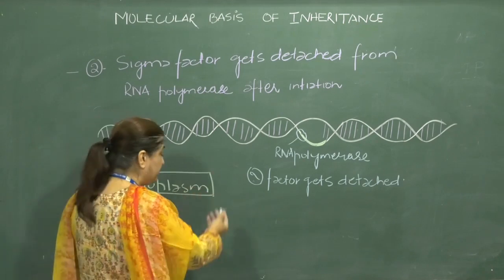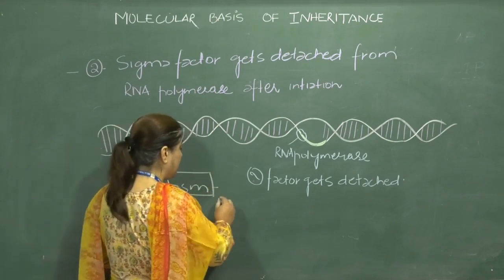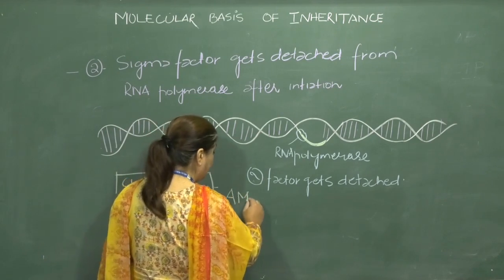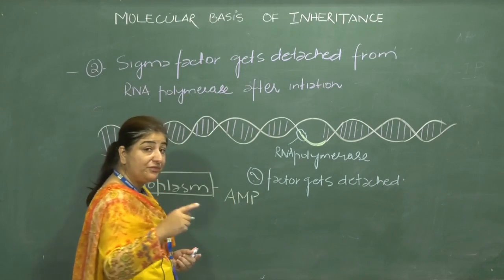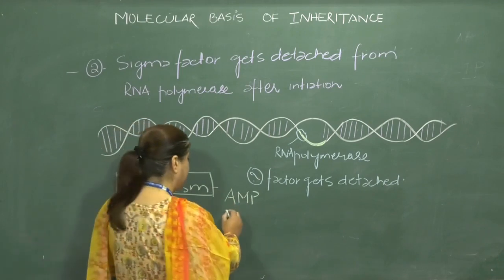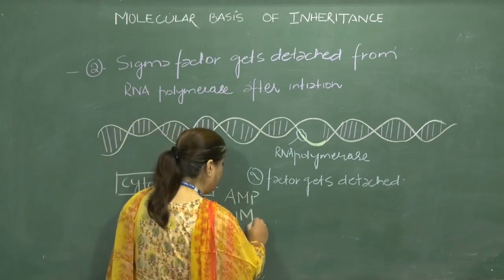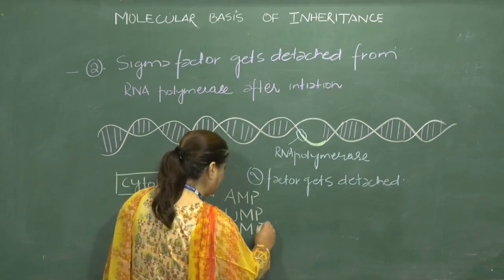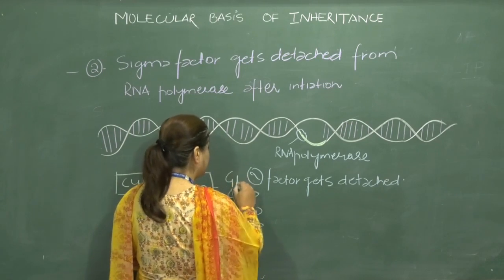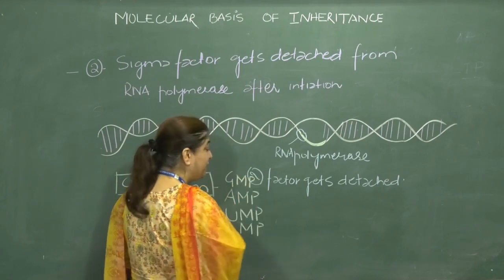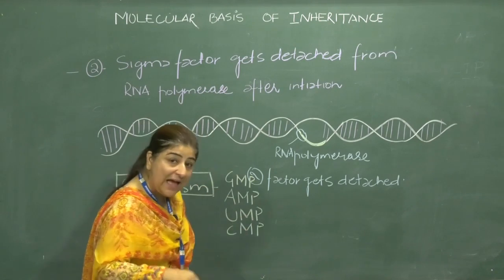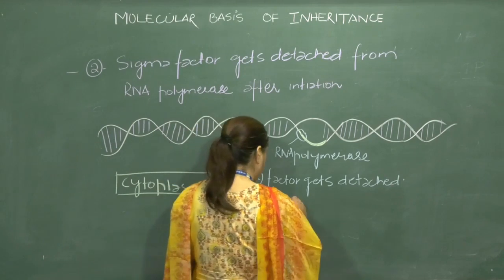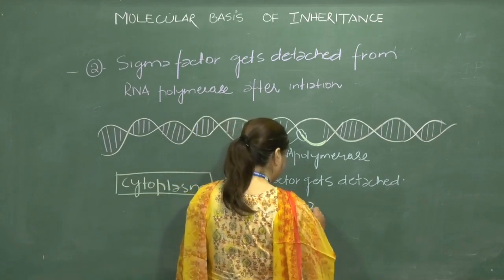The ribonucleotides are adenine monophosphate, uridine monophosphate (uracil in place of thymine), cytosine monophosphate, and guanosine monophosphate. Firstly, these need to get activated and converted into triphosphates.